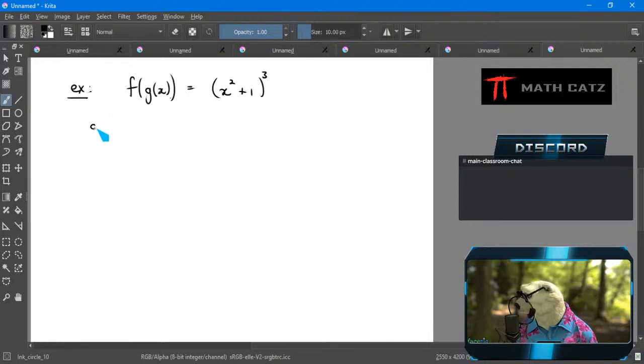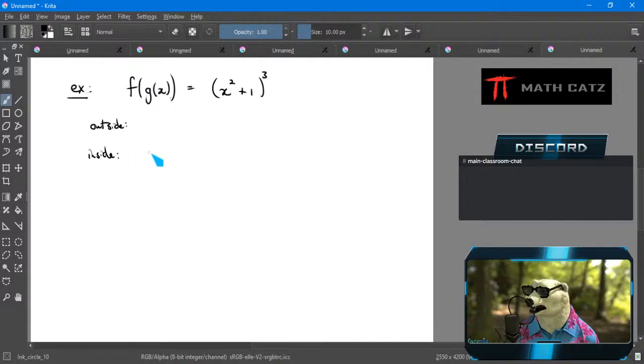So now I can think of an outside function and an inside function to help myself. I can't say for every single person listening to do the outside function first or the inside function first. It's a matter of personal preference. I kind of like to focus on the inside one first, but that's just me.